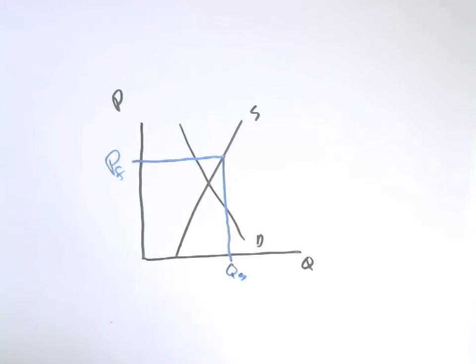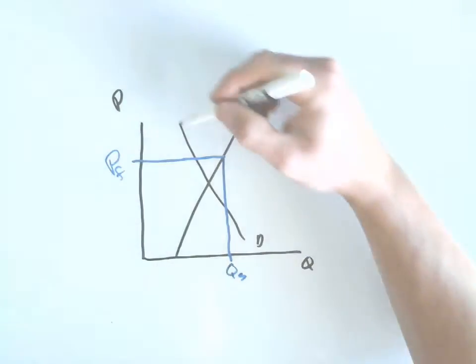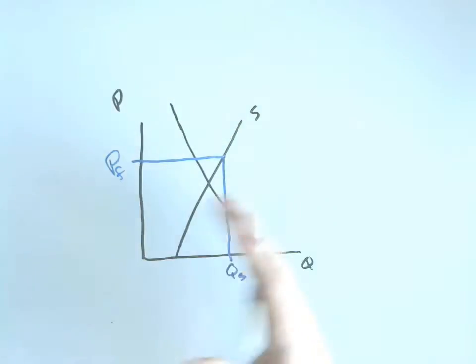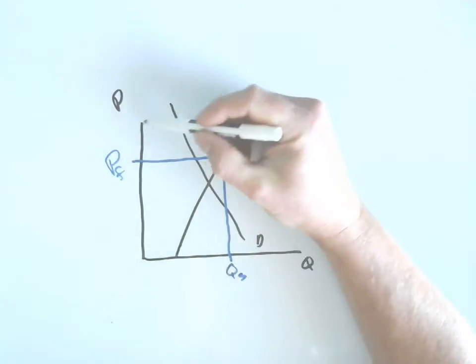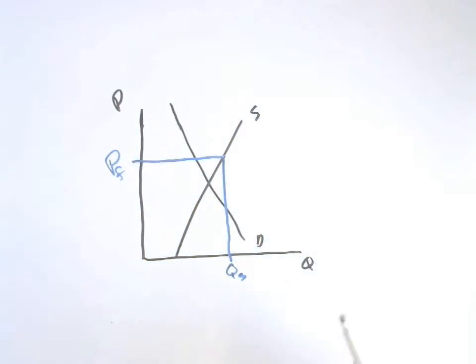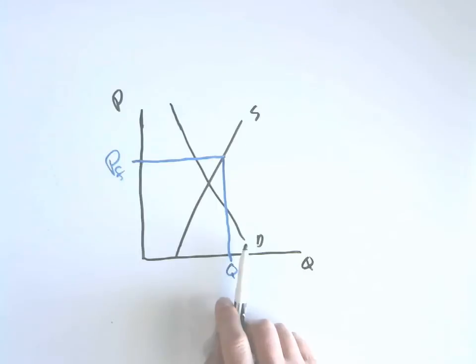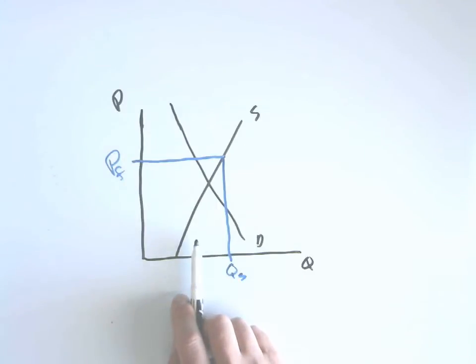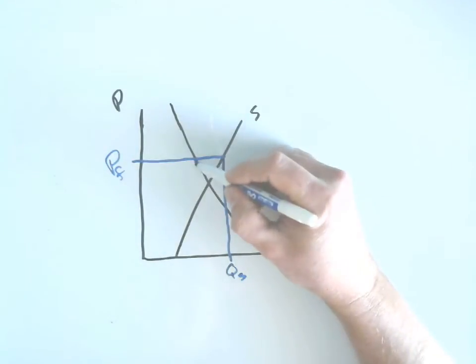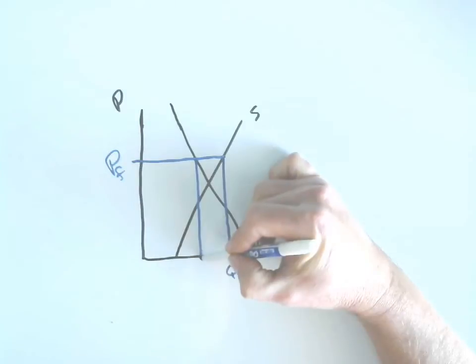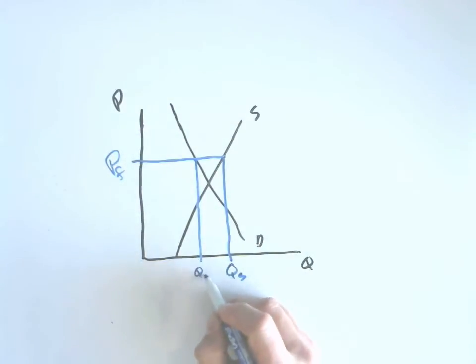How much of the product would be demanded, however, at that price? I kind of drew my graph a little shrunk here, probably shouldn't have, but we'll deal with it. How much would the private sector purchase of that product at the price floor price? Well, that would be the quantity traded on the private sector market, or as we also know, it would be the quantity demanded at that price floor price.